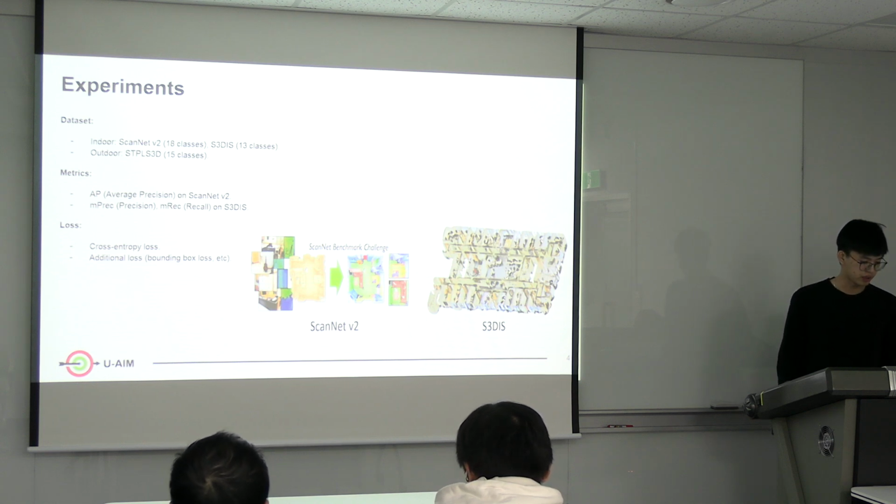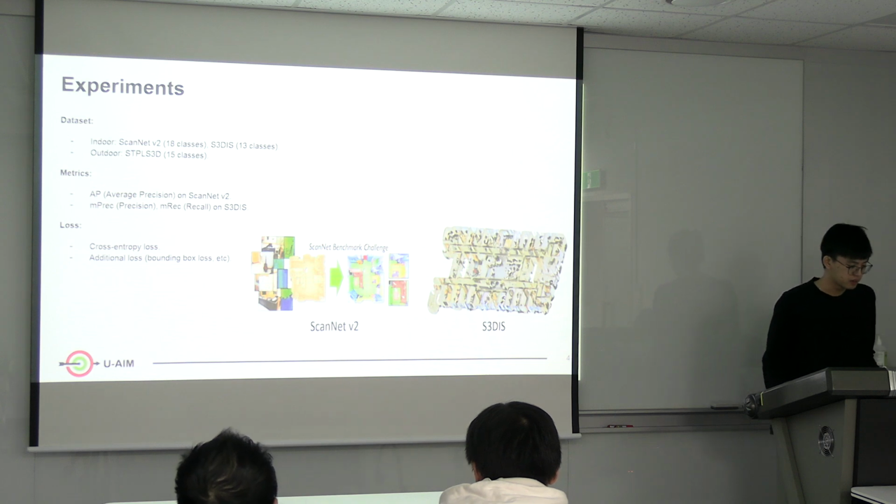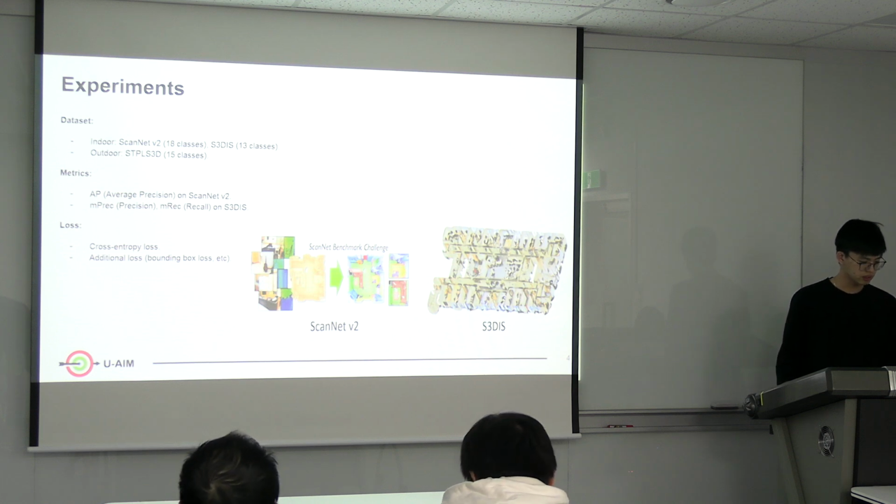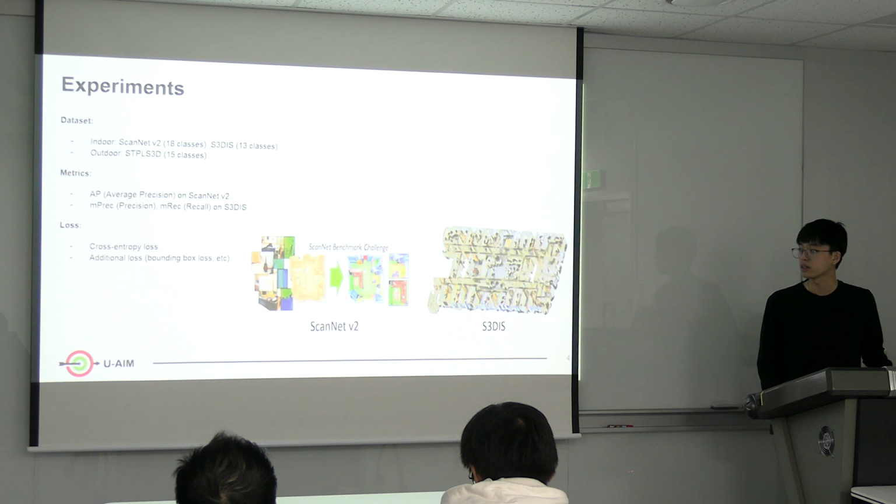And the metric we evaluate by is average precision on ScanNet V2, and mean precision and recall on S3DIS. The loss for supervising the instance mask is the dice loss, and depending on the paper, they provide additional losses like box loss.